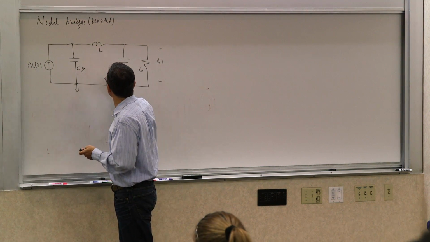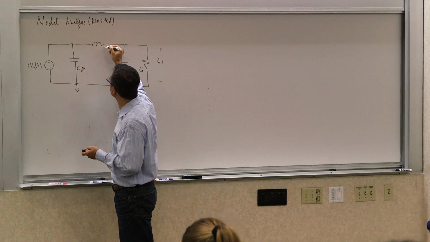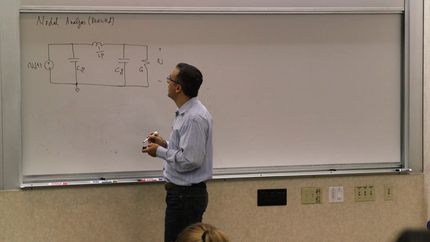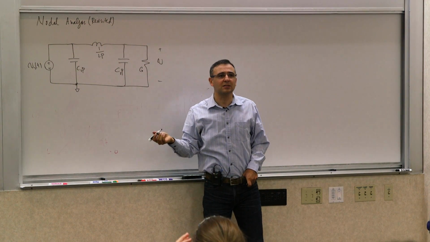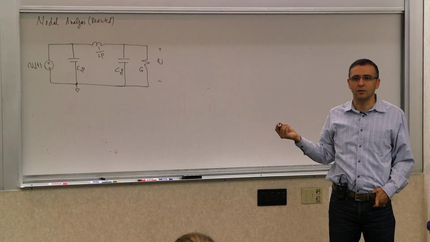C1p, right? And this is C2p. And what is the admittance of this element? 1 over Lp, exactly, right? So now if I think about these 4 components as conductances, I can exactly apply the nodal analysis the same way that I applied it before.